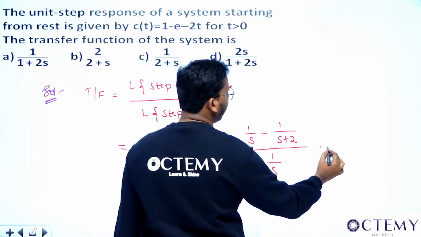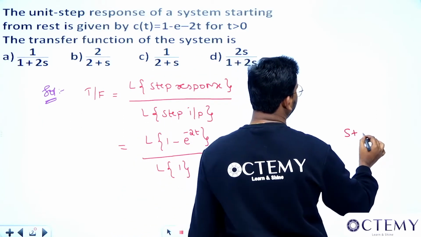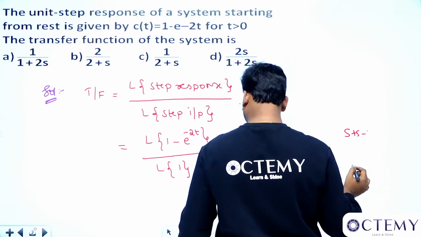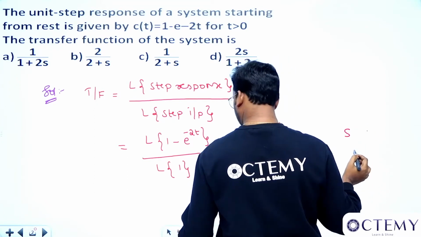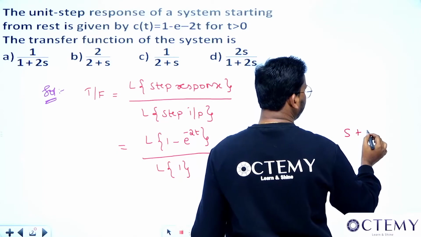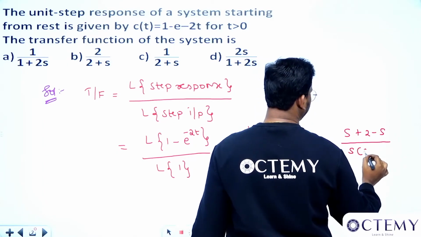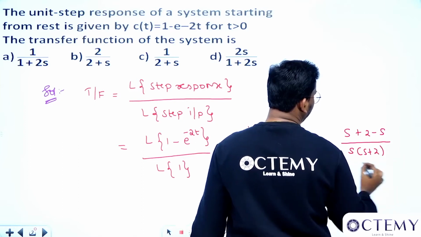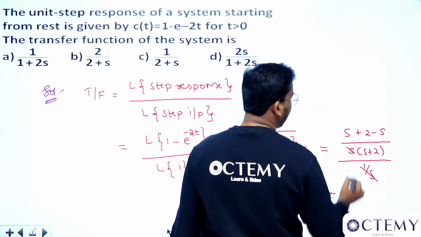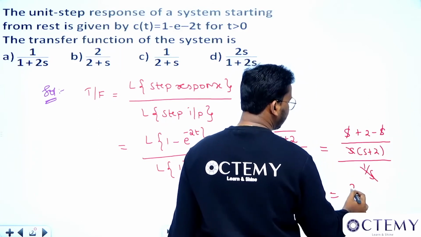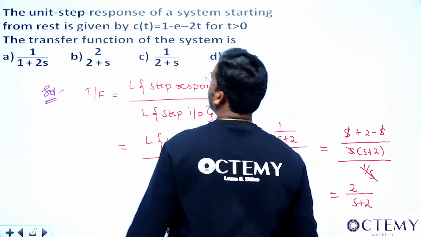So see, sir, when you take LCM, this will become s plus 2 minus s divided by s into s plus 2, and it is whole divided by 1 by s. So this 1 by s gets cancelled and this s gets cancelled. You will get it as 2 by s plus 2. Right? So option B is right.